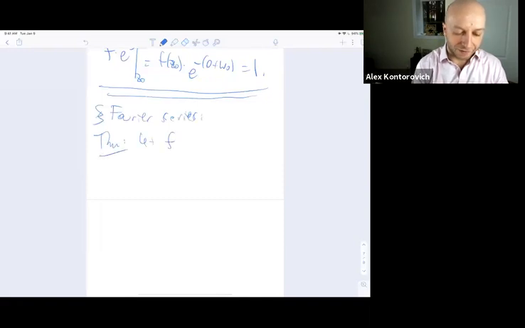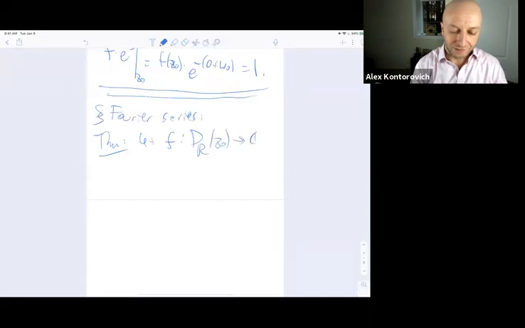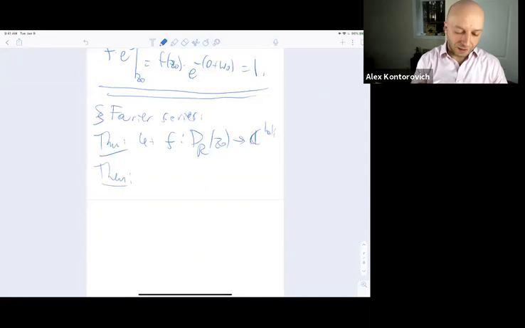Let f be holomorphic, let's say on a disk. Of course it's given by a power series, has a convergent power series.